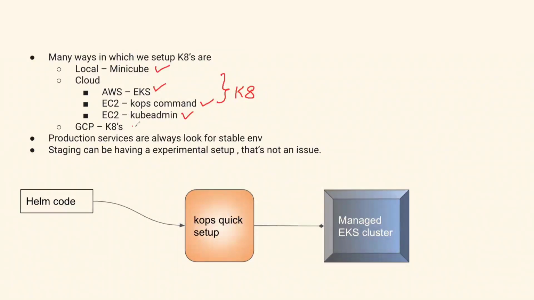If you are using GCP, you can say you are using K8 from GCP, which is also fine. But the reason they're asking this question is to understand what kind of Kubernetes cluster you are using in your production services. Because when it comes to production, the stability of your environment is super important.